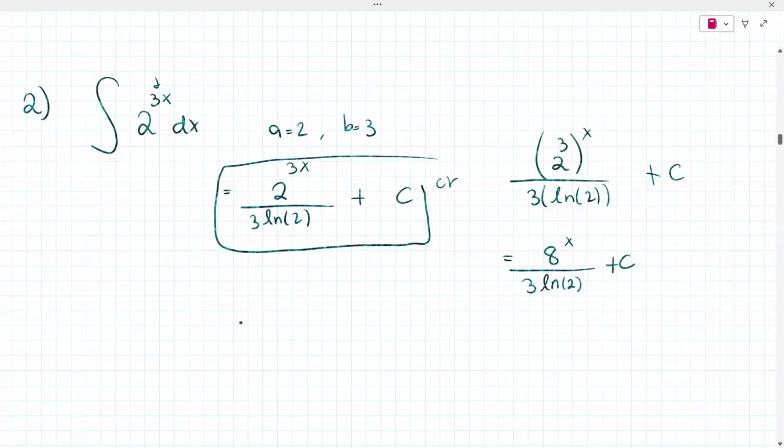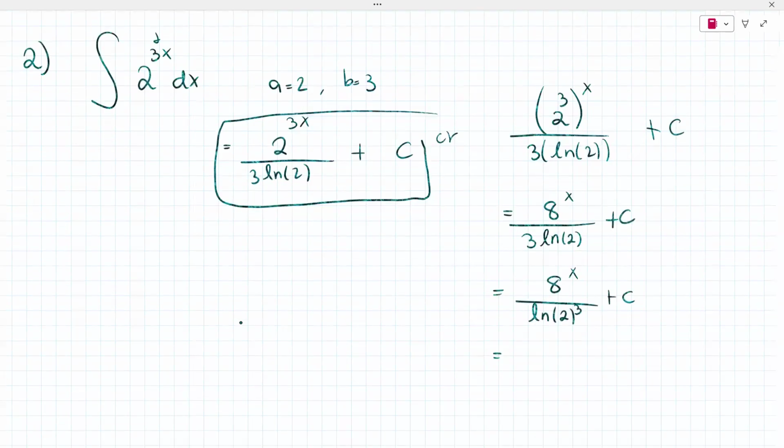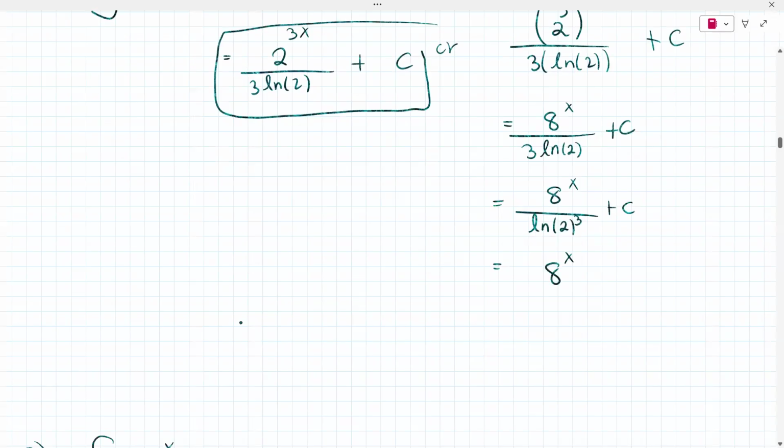And then according to your log rules, remember when you are expanding, if you have a number in front of the log or natural log, that's really a power. So you can also say 8 to the x, and then it would be ln of 2 to the third plus c. So that would be 8 raised to the x, over ln of 2 to the third. Let's see.